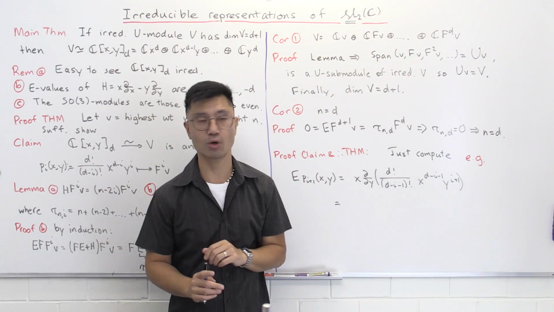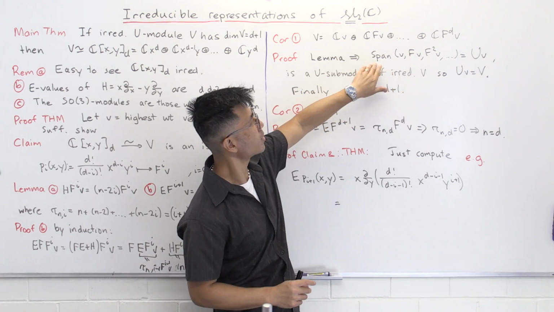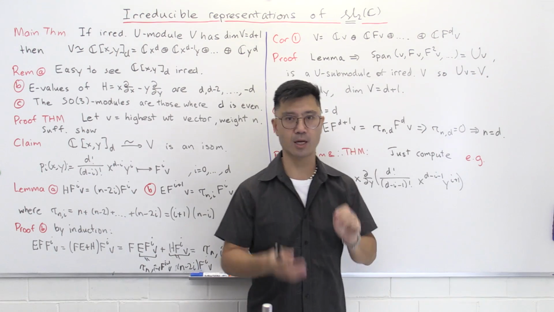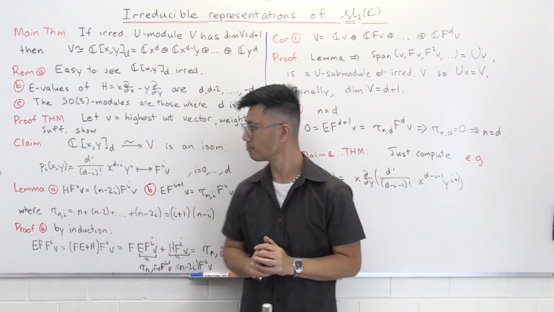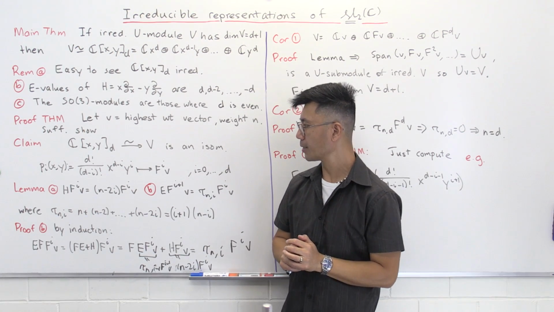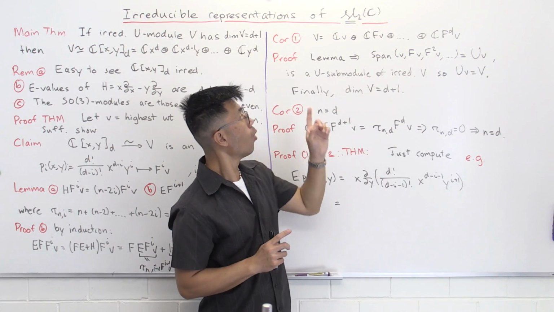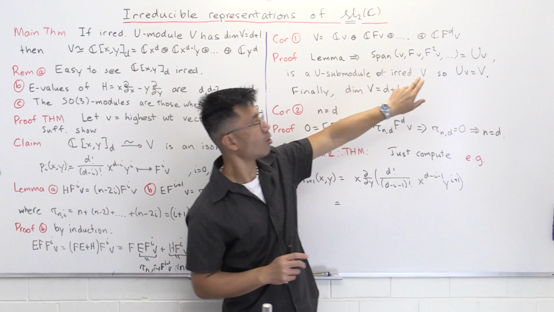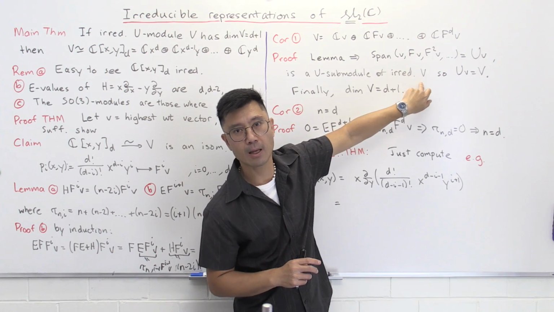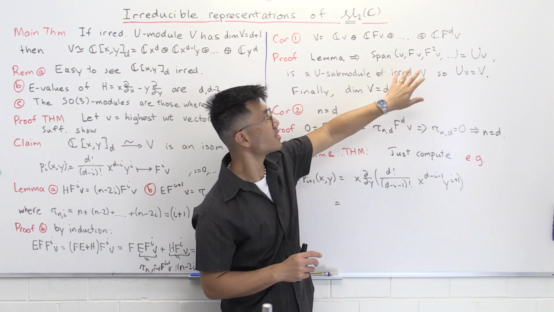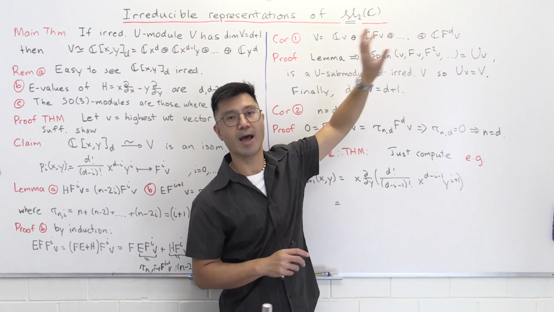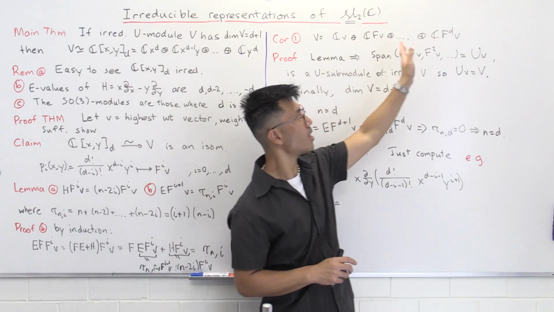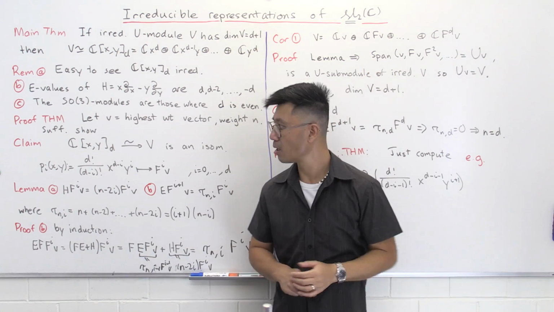Okay, so let's see why that's true. So the first thing is that we're just going to look at the span of v, f v, f squared v, and so forth. You look at just all of this and see what happens. What the lemma tells you is that this is actually a U submodule of the irreducible module V. Because I claim that this is actually closed under the action of E, F, and H. So certainly if you apply f to any element in here, it stays inside here.